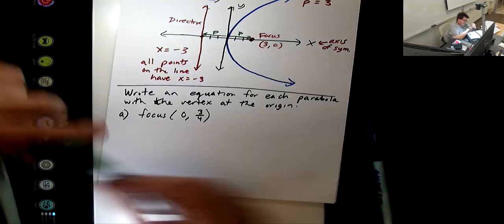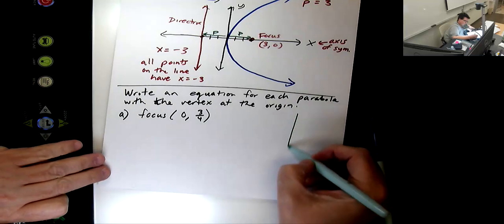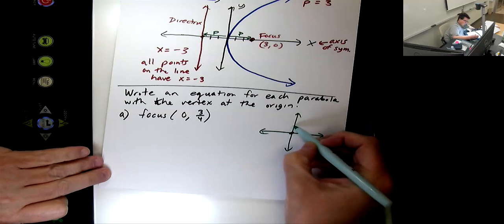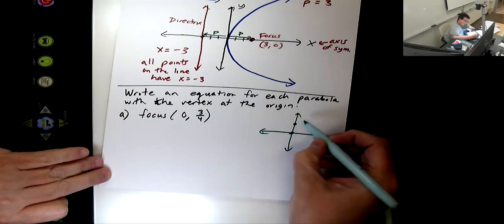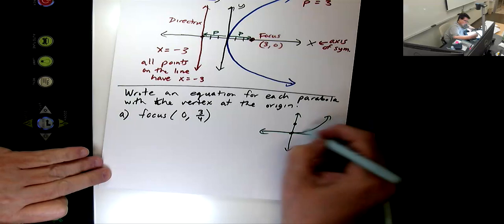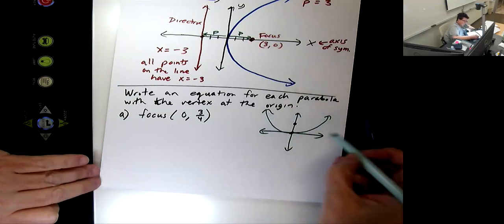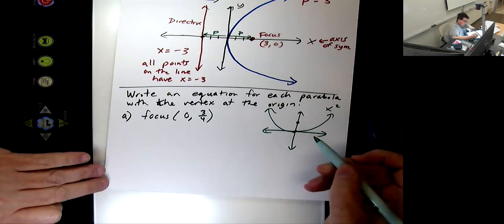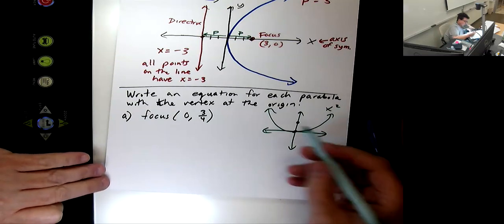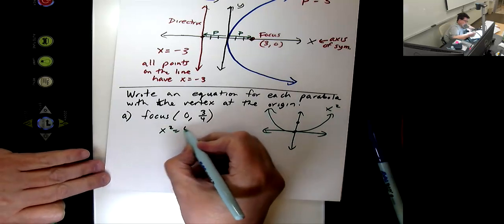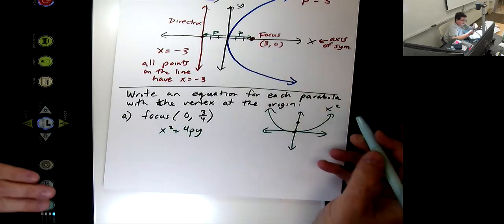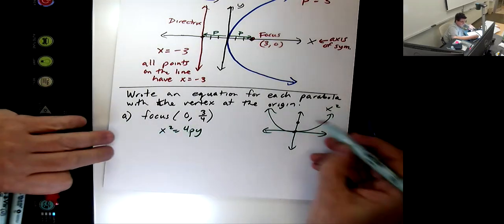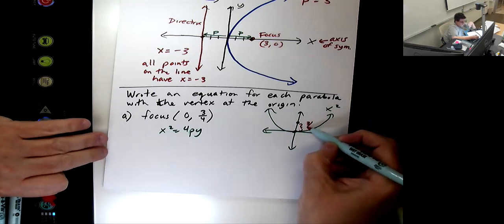So the way I'd go about this is I would draw a little picture. I know my vertex is there. It says my focus is up at 0, 3/4, which means the parabola is opening upward, which means this is going to be an x squared one. Which means we have x squared equals 4py. And we can use our focus. Our focus is up 3/4.